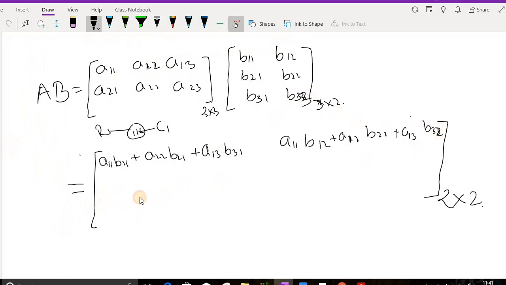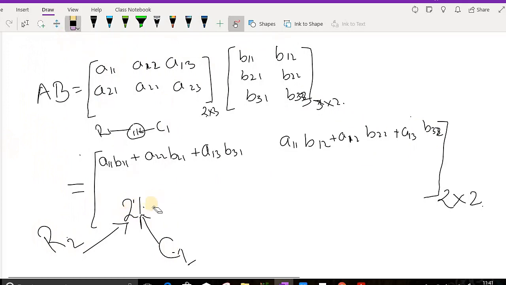What is this position? This position is 2,1, right? For the 2,1 position, we have to multiply the second row of the first matrix with the first column of the second matrix. So this will be R2 by C1.